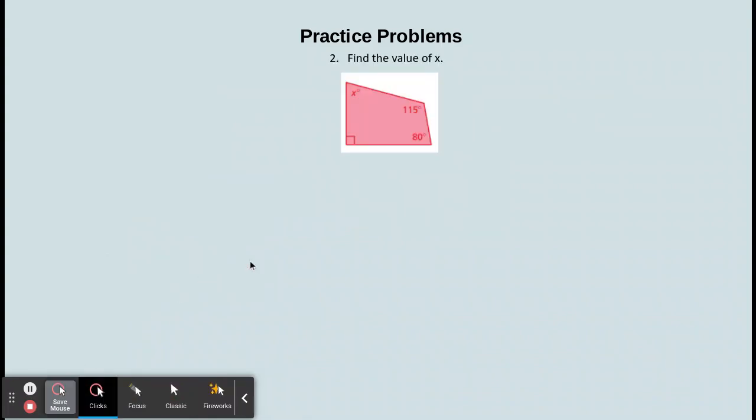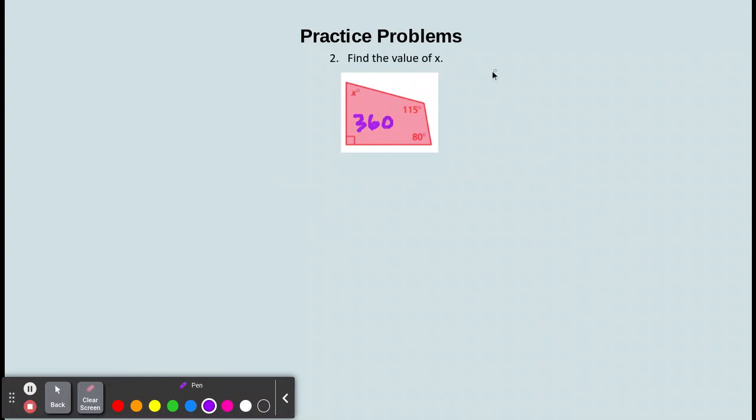Okay, practice problem number 2, some hints on this one. First thing you want to do is determine what all these angles add up to be. Well, we know from our knowledge that in a quadrilateral, all the angles add up to be 360 degrees. But if you didn't know that, you could do your formula of n minus 2 times 180.